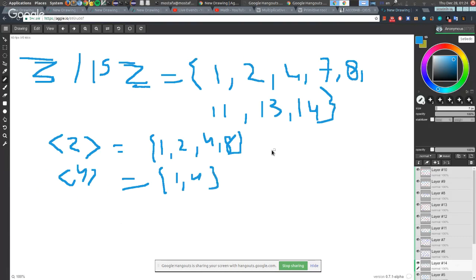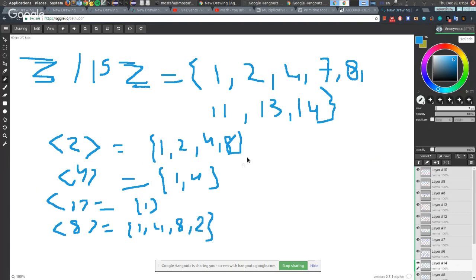And we will keep getting the same. We generate with 1, we get 1. We generate with 8, we get 1, 4, 8.